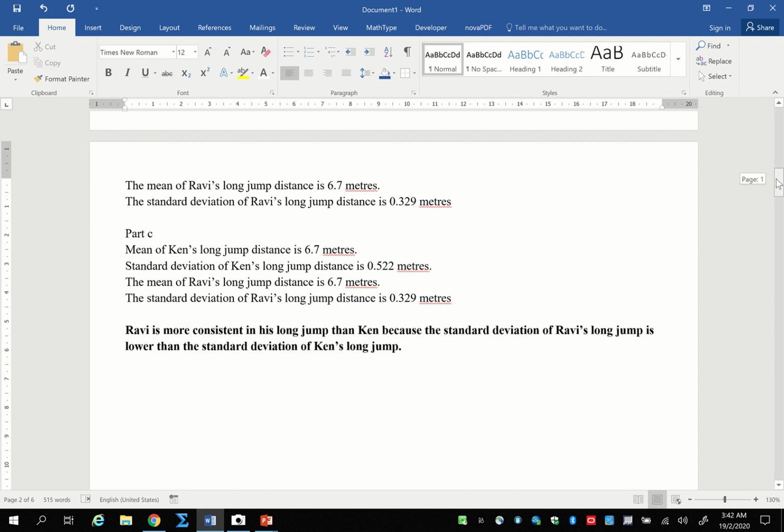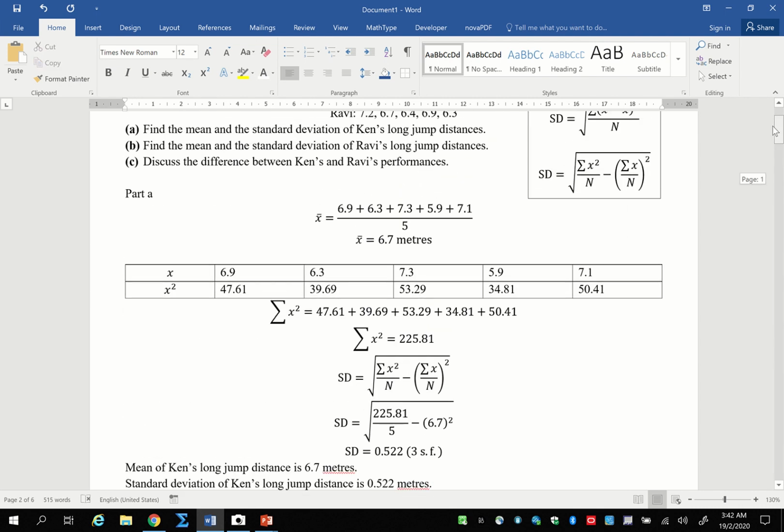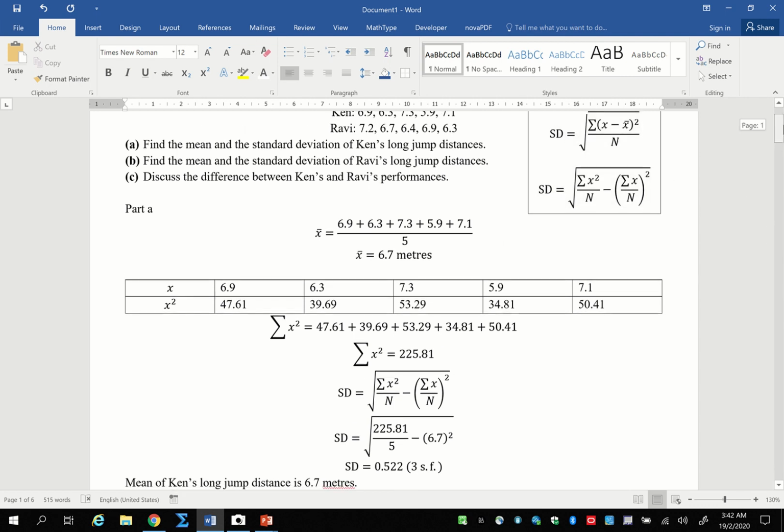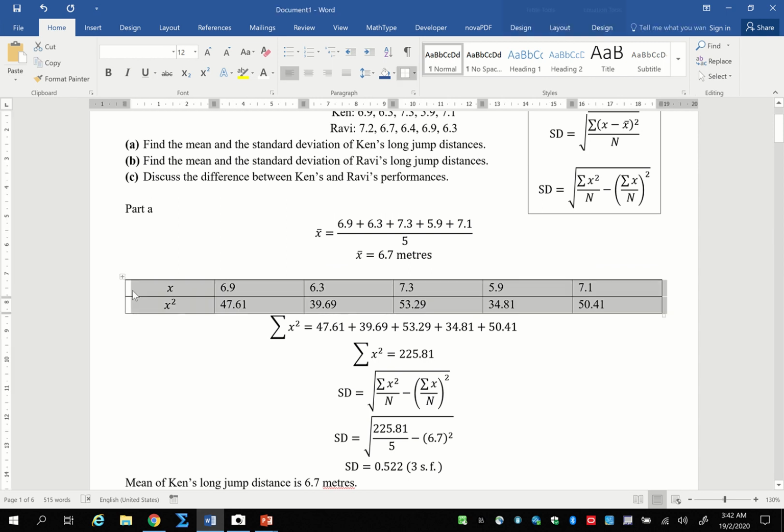Alright, just to quickly recap, finding the mean is quite straightforward. You have done this since Sec 1, since primary school in fact. The only difference is finding the standard deviation. Whether you use the second or third formula does not matter, because the best way to approach this question is to draw out a table. So we have x squared.